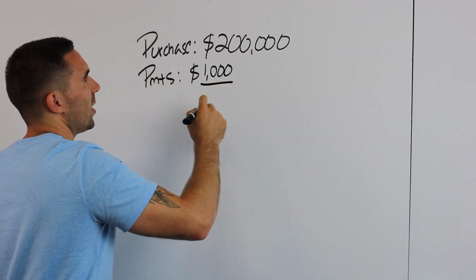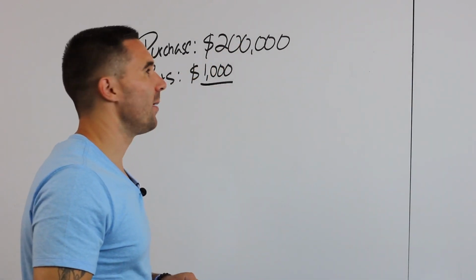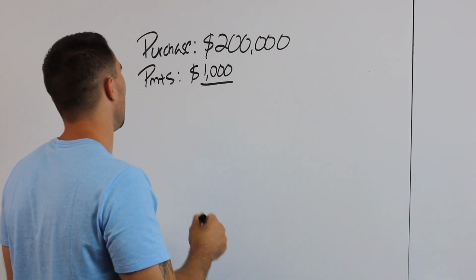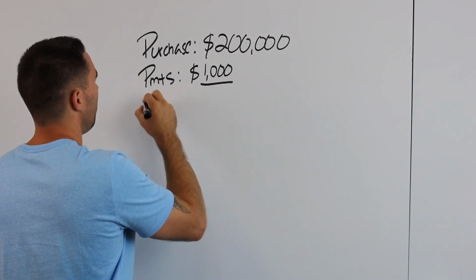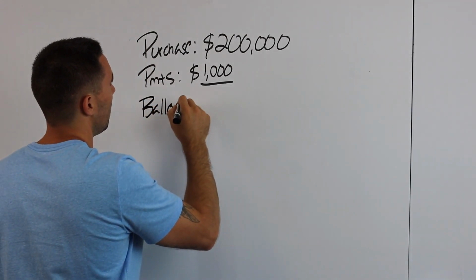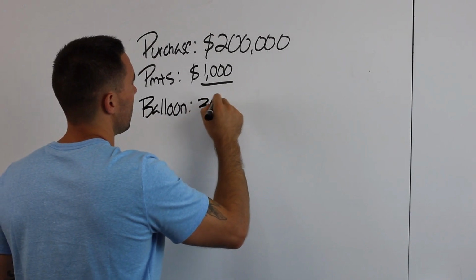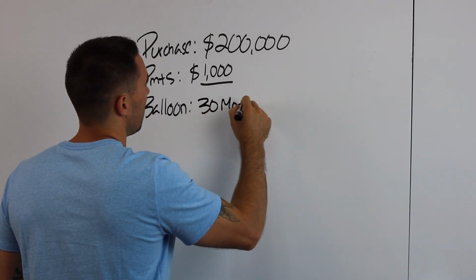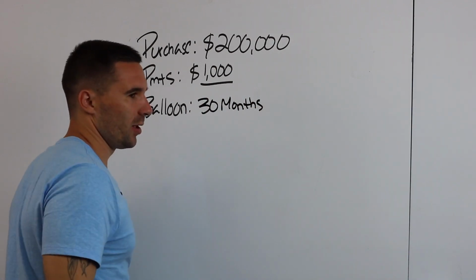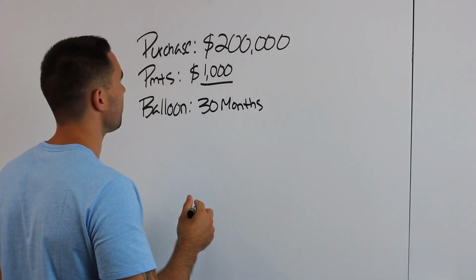Principal only payment, so that's coming directly off the purchase price over this period of time. Let's say that we agreed upon a balloon payment of 30 months. Typically it falls somewhere in the 48 to 60 month range, but let's just make this simple.